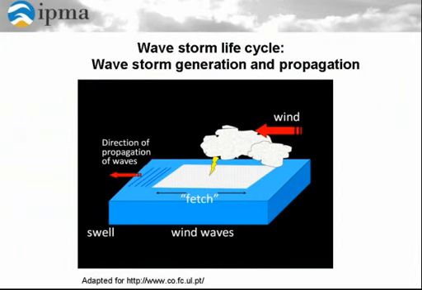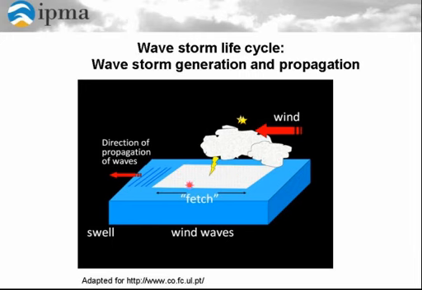Well, I will start with some theory about the wave storm life cycle. You have the wind acting on the ocean surface, which means that there will be some energy transferred from the atmosphere to the ocean, and to an area that, as Angela said, in this case was very large.